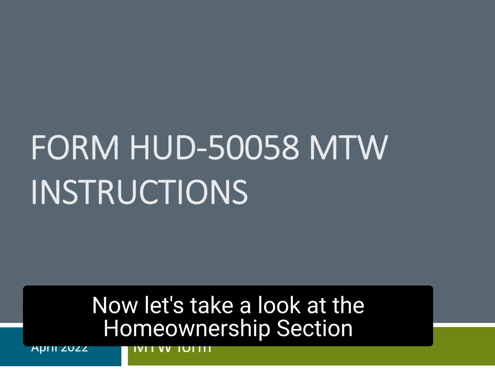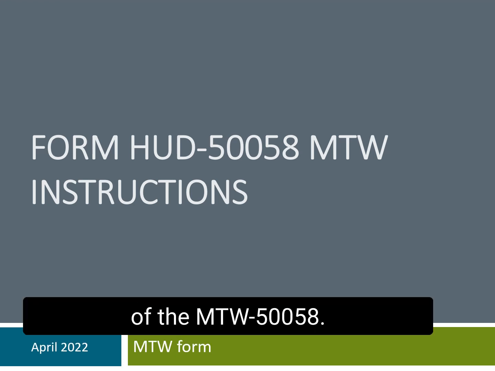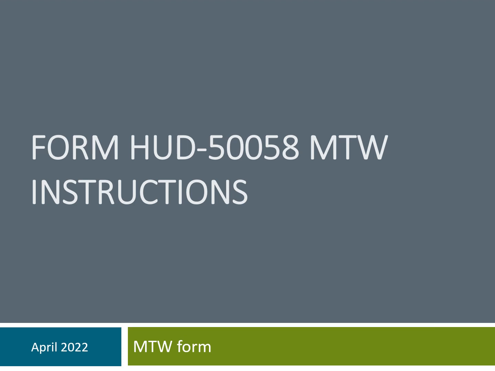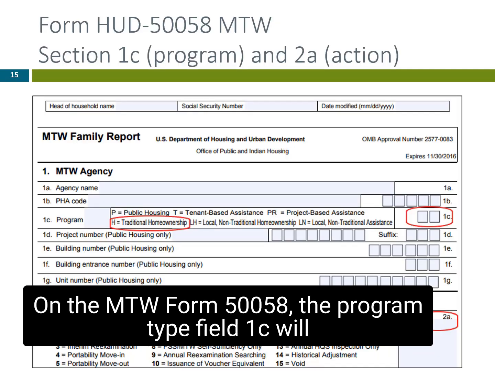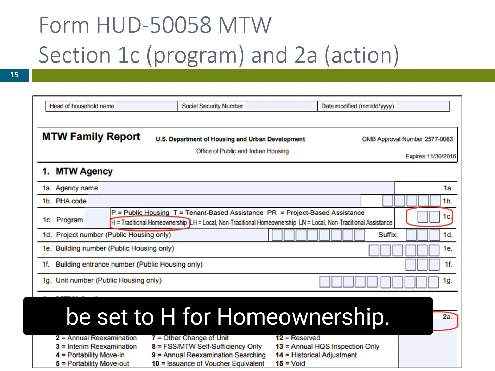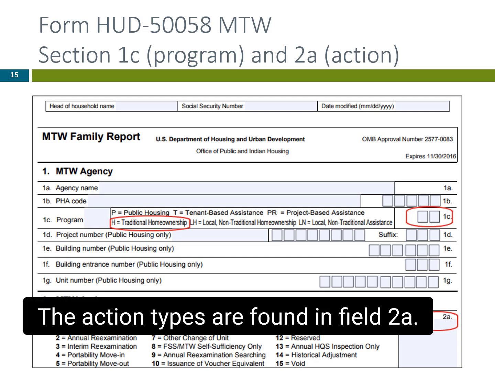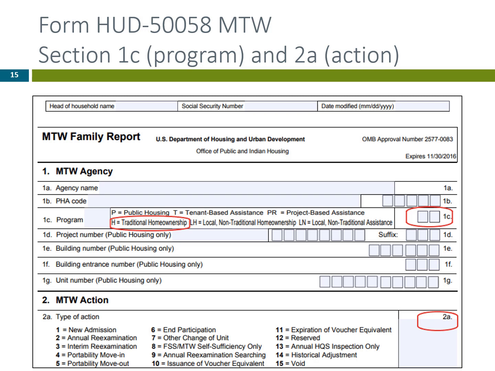Now let's take a look at the homeownership section of the MTW 50058. On the MTW Form 50058, the program type field 1C will be set to H for homeownership. The action types are found in field 2A.